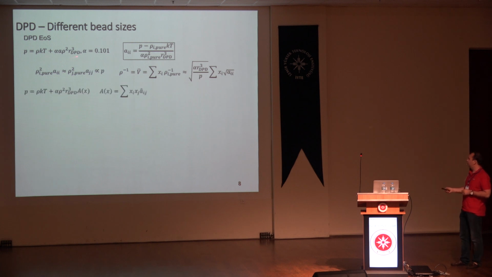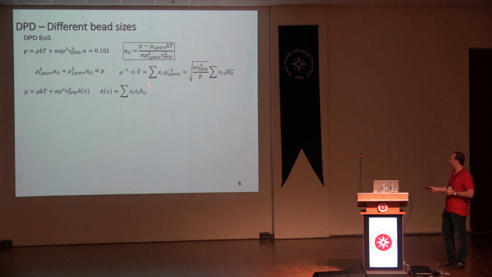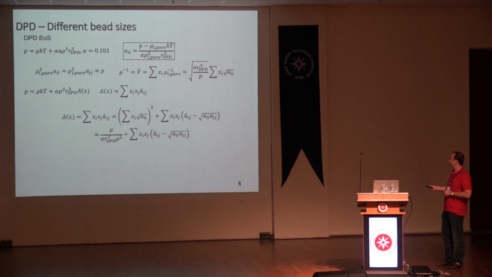And if you apply the DPD equation of state for a mixture, in the mixture you wouldn't want to have an excess pressure, and the only constraint for this is to use a neutral interaction parameter. Our derivation follows in this respect. So we have this relationship, and we have this one.